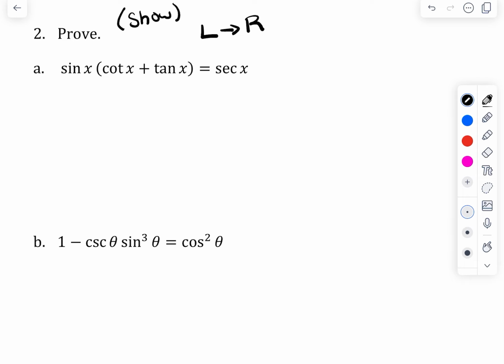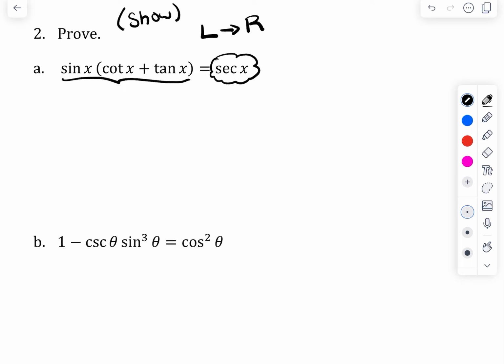That means that I cannot touch this. It is untouchable now. I am only working with this. And I'm going to do exactly what we were doing before in the previous one. I'm going to simplify, manipulate, use algebra, and try to get it to look like secant of x.